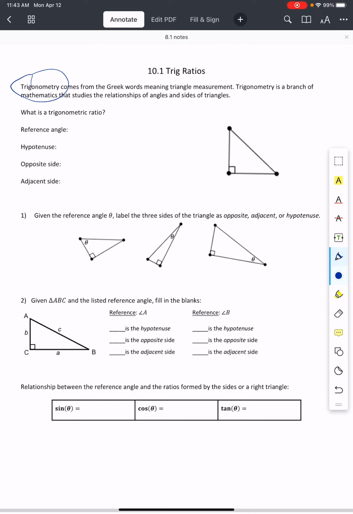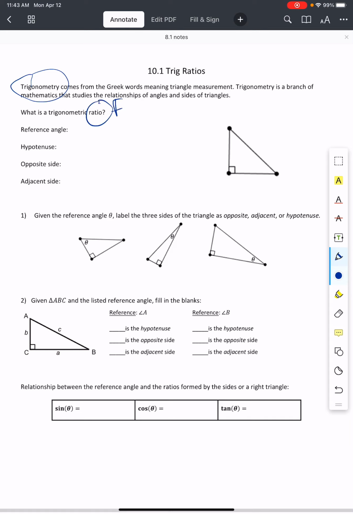So now trig specifically is just about right triangles. Does anyone here remember what a right triangle is? What is a right triangle? Evan? 90 degrees. Yeah, one of the angles is 90 degrees, has to be, okay? So a trigonometric ratio, I know that's a big fancy word, but the word ratio means fraction, okay?